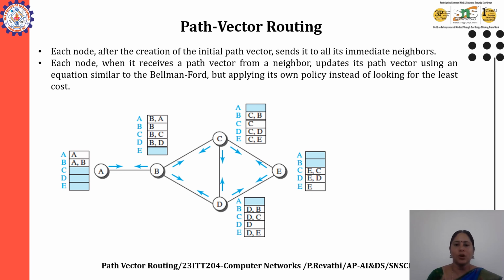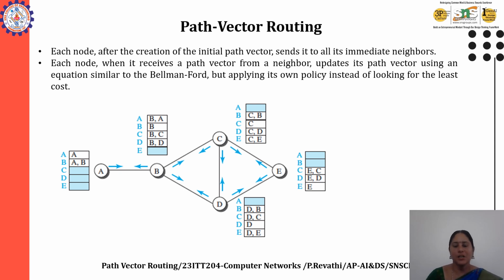You introduce yourself to the neighbors, learn who they are, and ask who else do you know around here. Based on that information, you start forming a mental map of the neighborhood. That is exactly how the router builds its path vector.